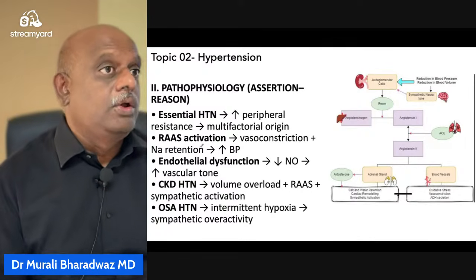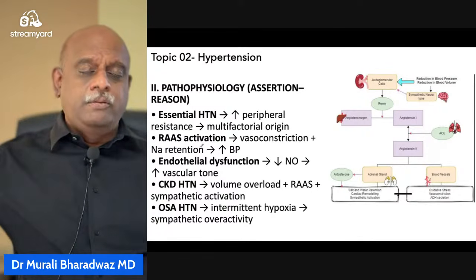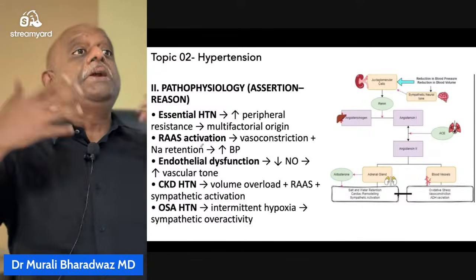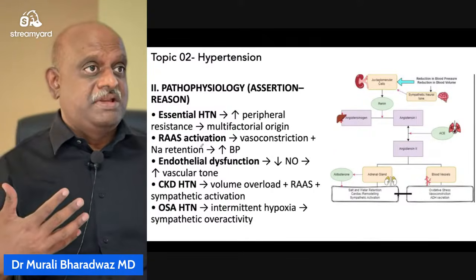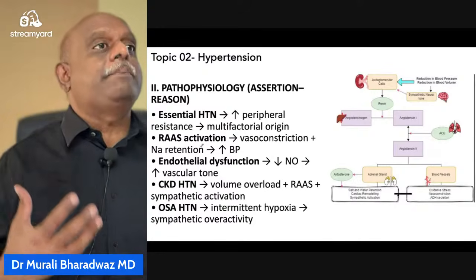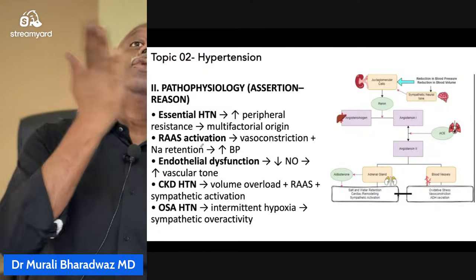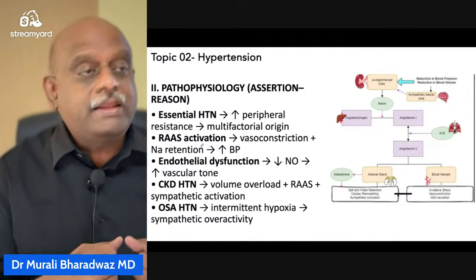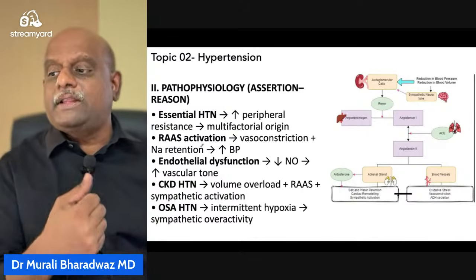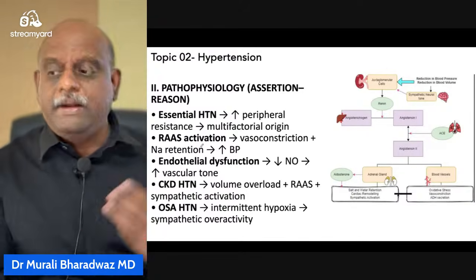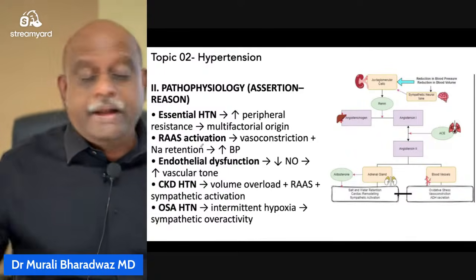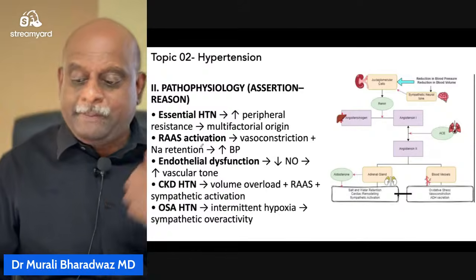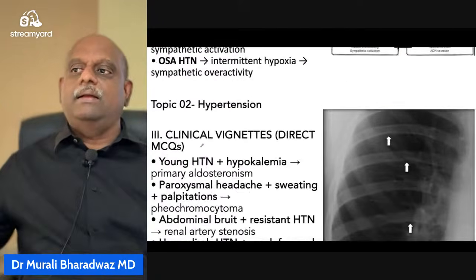Then you find a fat, obese man who is having continuous snoring. That's called obstructive sleep apnea, where the uvula will block the respiratory path. So whenever there is obstructive sleep apnea with hypertension, there is intermittent hypoxia that leads to sympathetic overactivity that leads to development of hypertension.